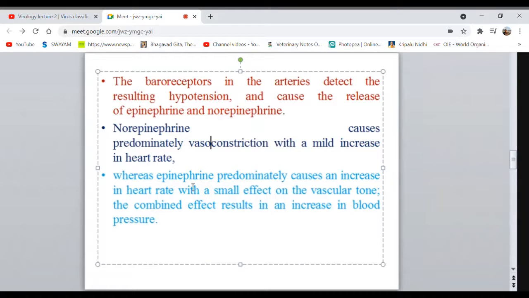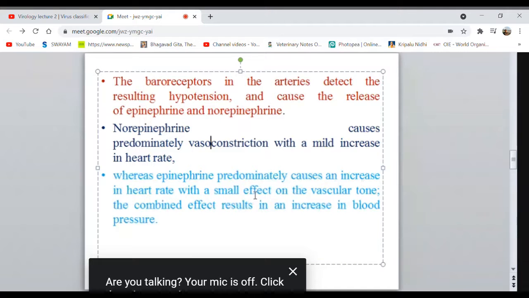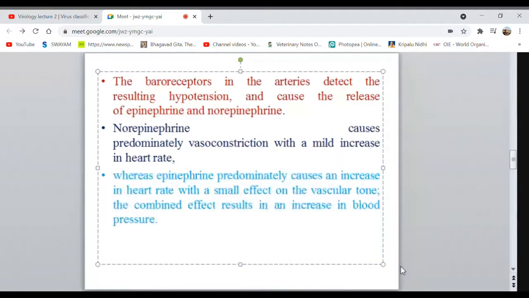Then the epinephrine, the other hormone, predominantly causes an increase in the heart rate, with a small effect on the vascular tone. Ultimately, both the effects result in an increase in the blood pressure.